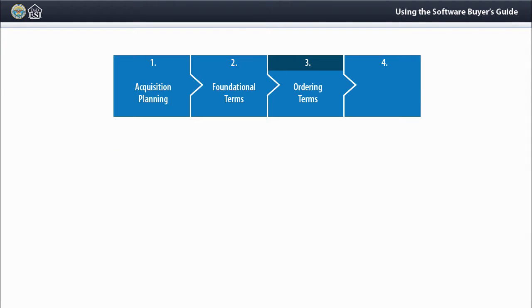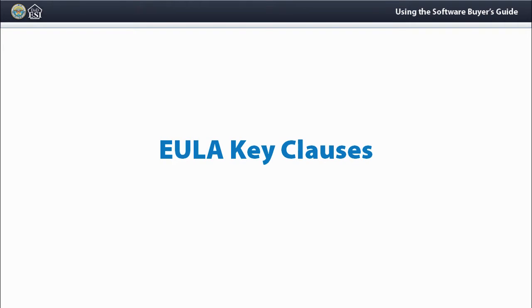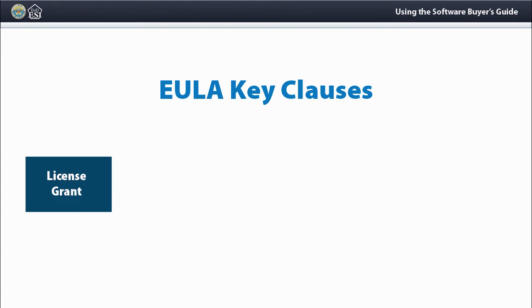The third section contains a list of key terms and conditions that should be considered and finalized at the time of placing an order for software against a DoD ESI BPA. This section is broken into 5 key subsections which make up a typical software license agreement. First is the license grant section.